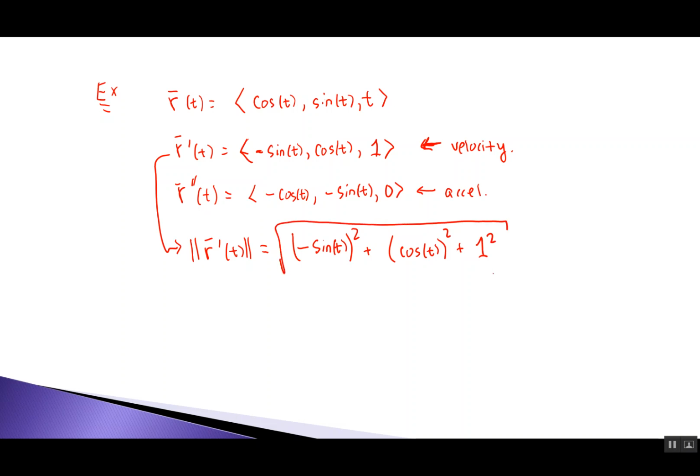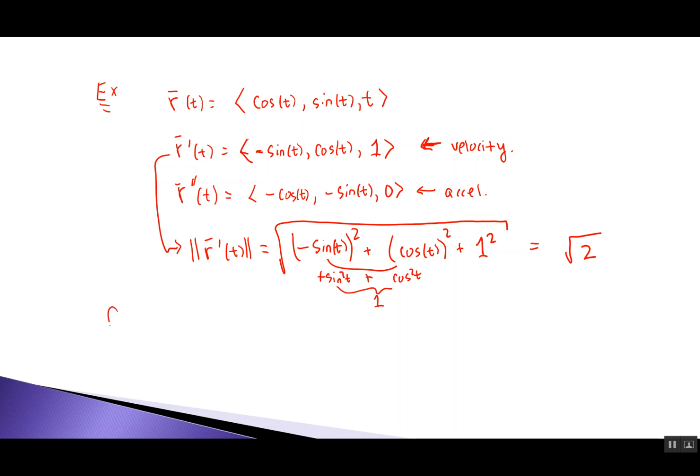And then I take the square root of the whole thing. So I hope you see that this will give me a positive sine squared t plus a positive cosine squared t, which will become a 1. So my speed is a constant square root of 2 in this case, even though my velocity is not constant, because at any given time I have different values for my x and my y there. But my speed is constant, even though my velocity is not.